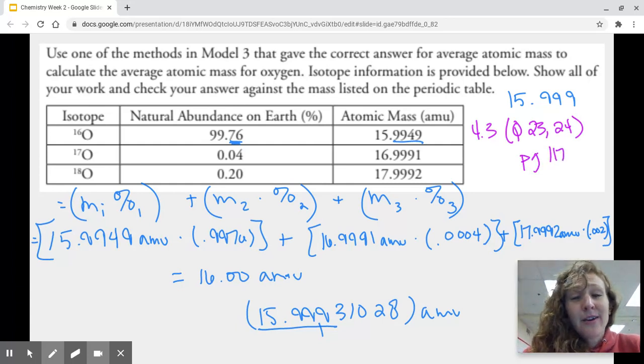And there are thousands of other chemistry teachers, chemistry students, chemistry tutors online who will also provide you with videos or simulations or worksheets for this weighted average. Practice this problem.